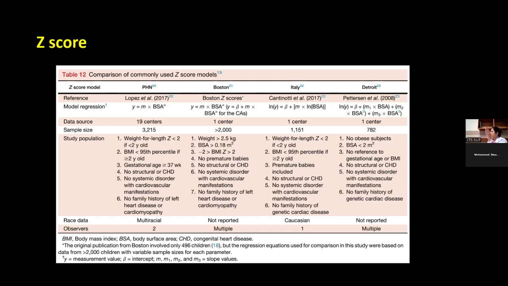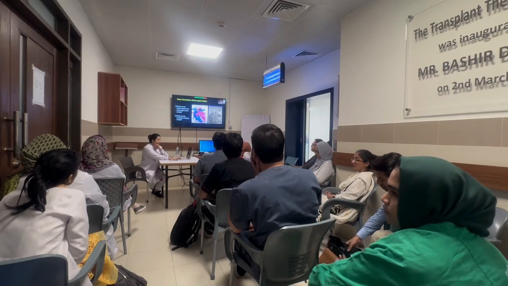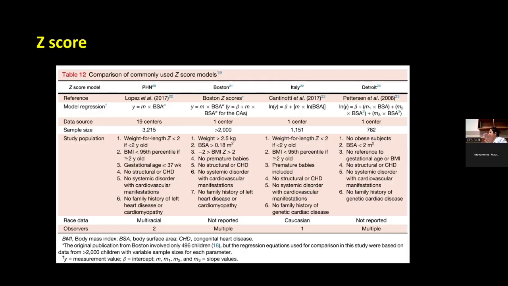If it falls above two standard deviations of the mean, then it means the structure is dilated, bigger than normal.